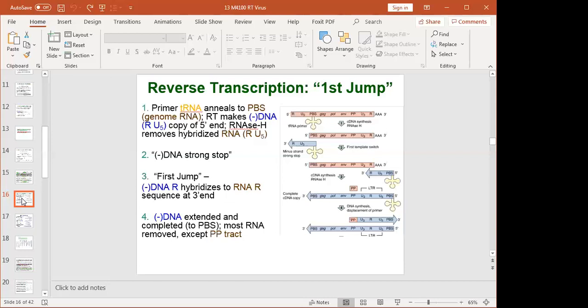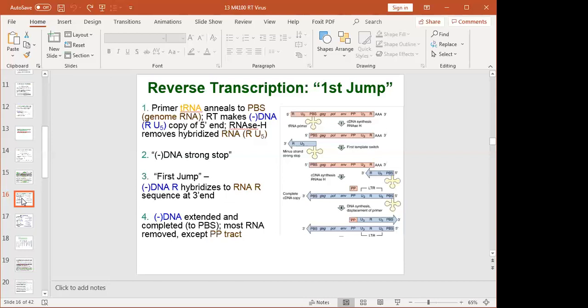So from the 5' end, we have transfer RNA as primer binds to PBS, starts synthesizing. What do we make? We make a copy of the U5 and R regions of the original RNA genome. The original RNA genome is depicted in pink, and the newly synthesized strand is in blue.